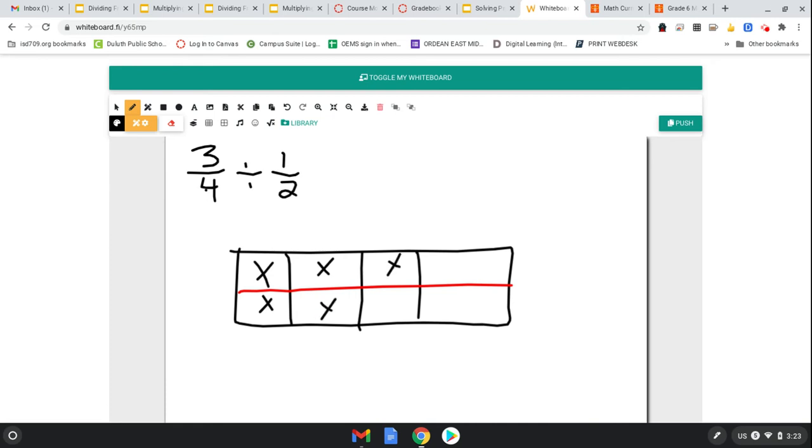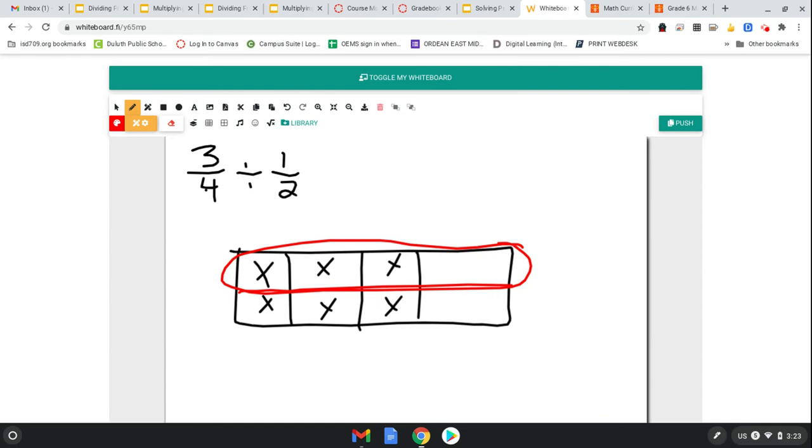So the first thing that I'm going to do is mark X's in my 3/4 columns. So I've marked X's in 3 of my 4 columns. Next, I'm going to circle 1 of my halves there.